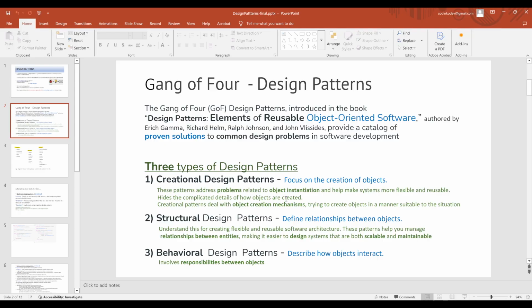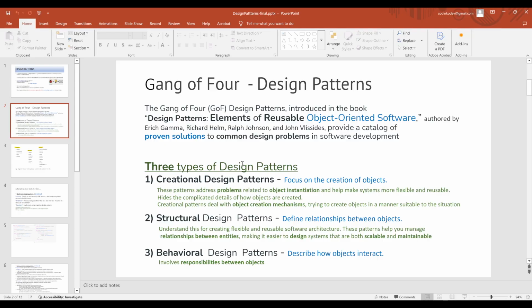So whenever you want to describe how the objects should interact with each other, involving responsibilities between the objects, like one particular class is supposed to implement this particular responsibility, and take care of this particular one. So basically you want to describe how the objects interact, and it involves responsibility principles. And there are a lot of problems that occur, and you apply proven solutions, which are design patterns. We categorize those design patterns into behavioral design patterns.